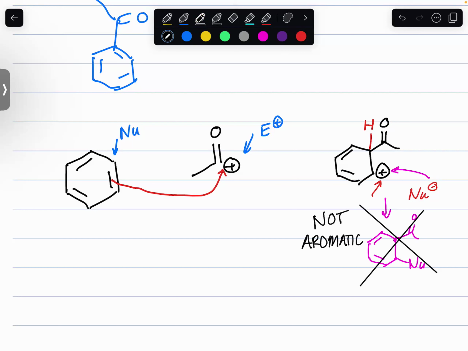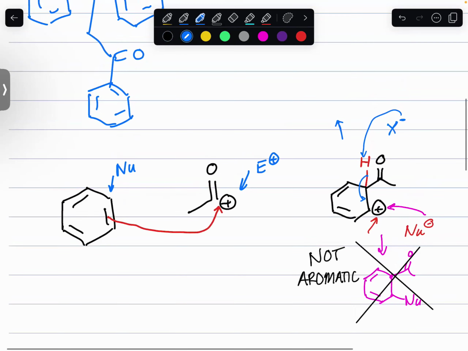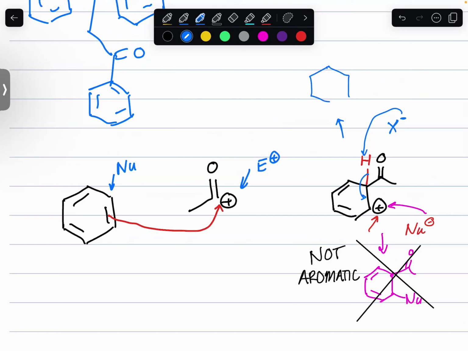So instead, we're going to have some base come in and abstract the proton so that these electrons can be put back in the system. And thus, we have an aromatic system still.